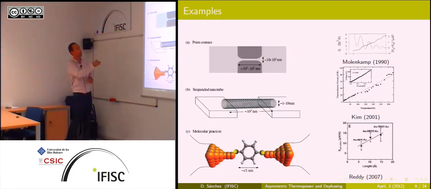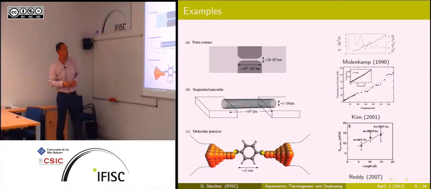Thermopower has been measured in all these systems. In the first one, there were peaks in the thermopower related to every time that the conductance becomes quantized. If you increase the Fermi energy, you can fit more and more waves into your channel, the conductance becomes quantized, and the thermopower has this series of peaks.